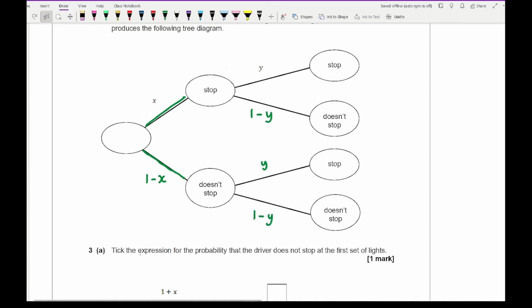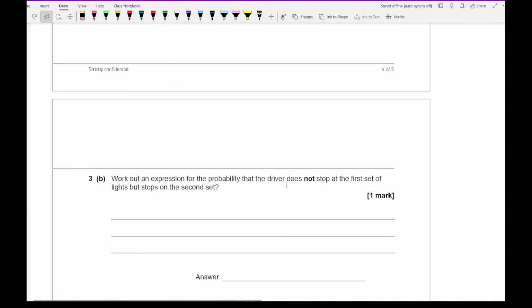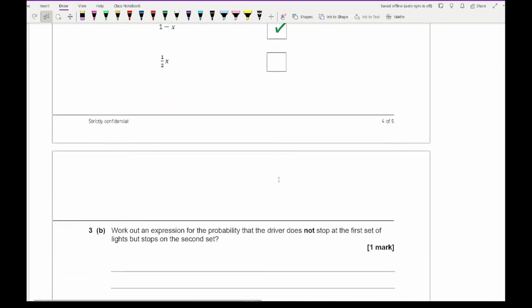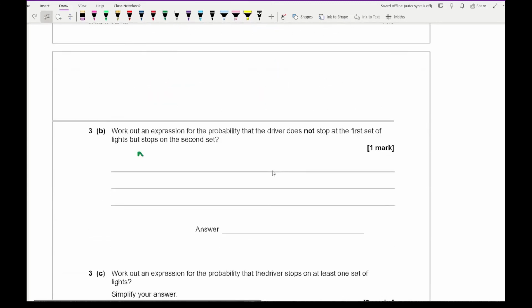So going back to the situation, it says that the driver does not stop at the first set of lights. So does not stop is going to be 1 minus x. Do not stop at the first, so that's going to be 1 minus x. And then does stop at the second, which is going to be y.